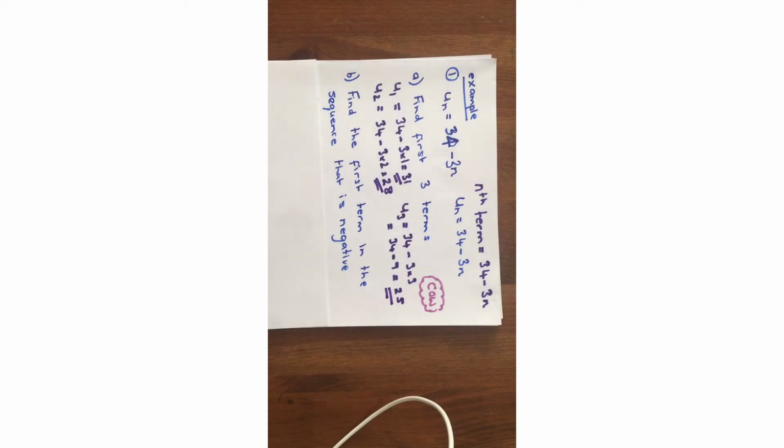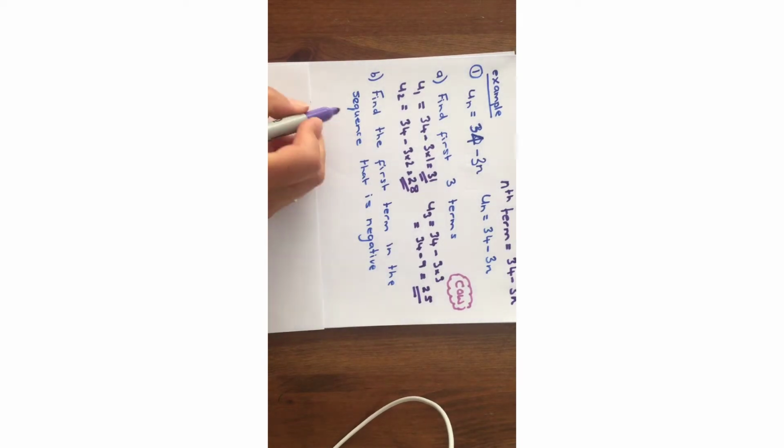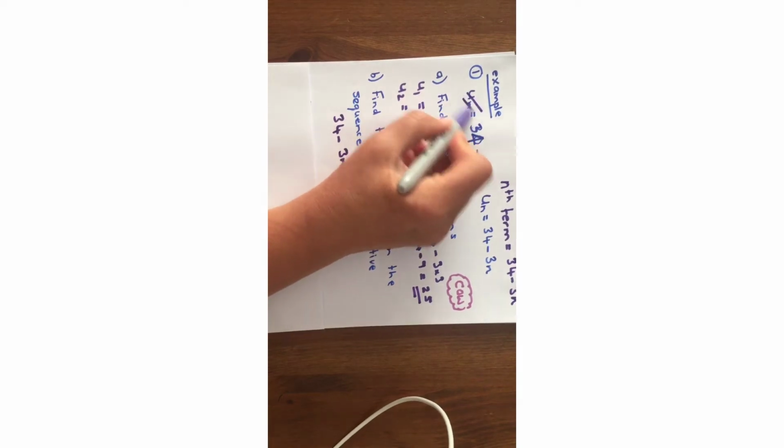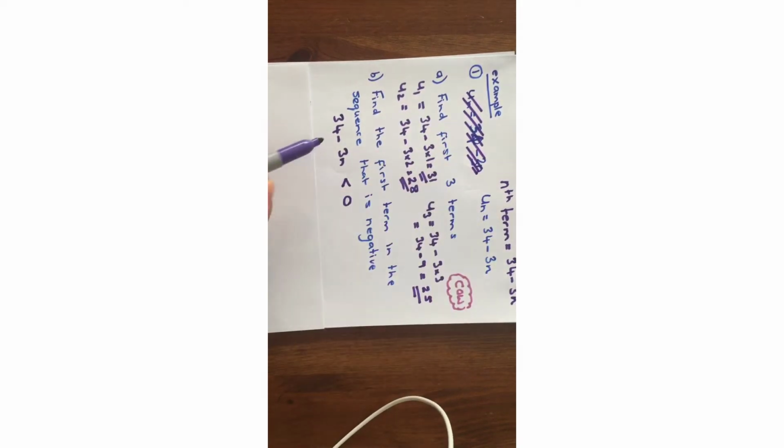Okay, now my next question is find the first term in the sequence that is negative, i.e. is less than 0. So what you're solving is this. You're solving when is the sequence, the value of n for which this will be negative.